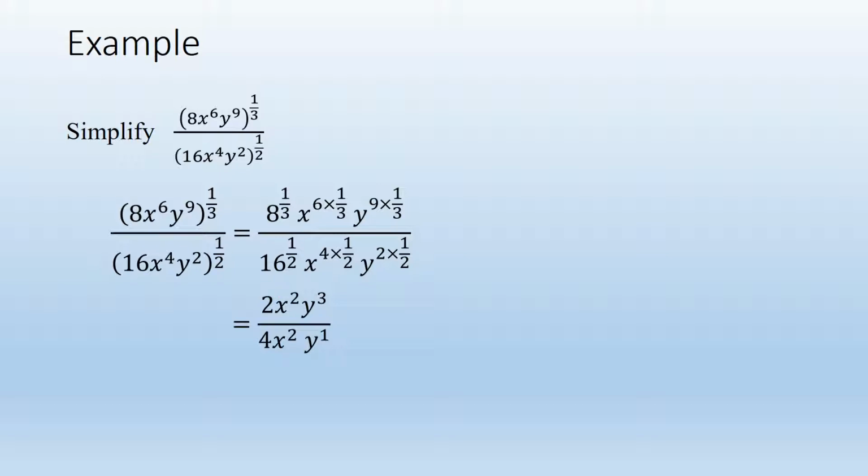So our 16 to the power of a half is the square root of 16. That's 4. We'll get x squared, and we'll get y to the power of 1. And of course we can simplify this further. 2 into 4 goes 2, and our x squared terms will cancel out, and we'll have y to the power of 3 minus 1, which will give us y to the power of 2.